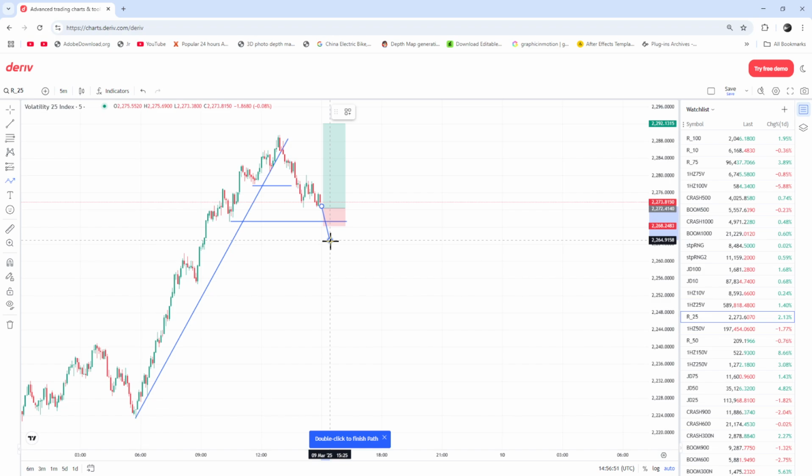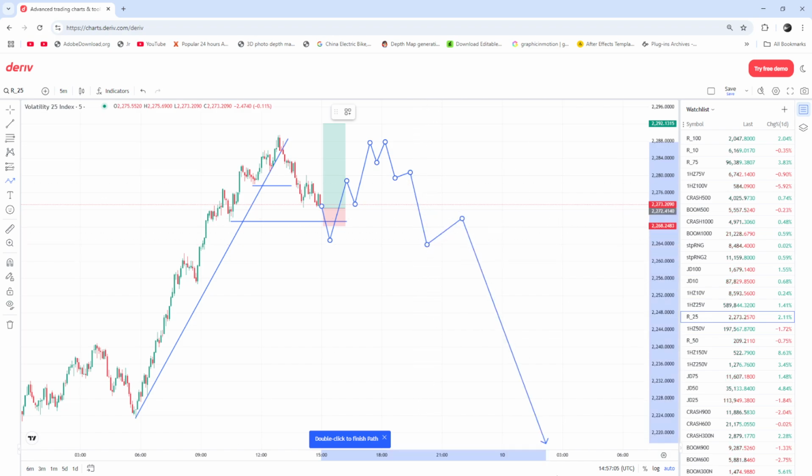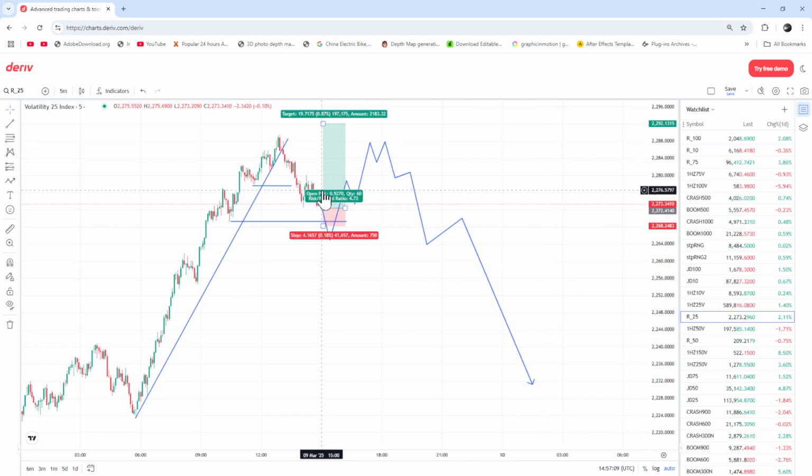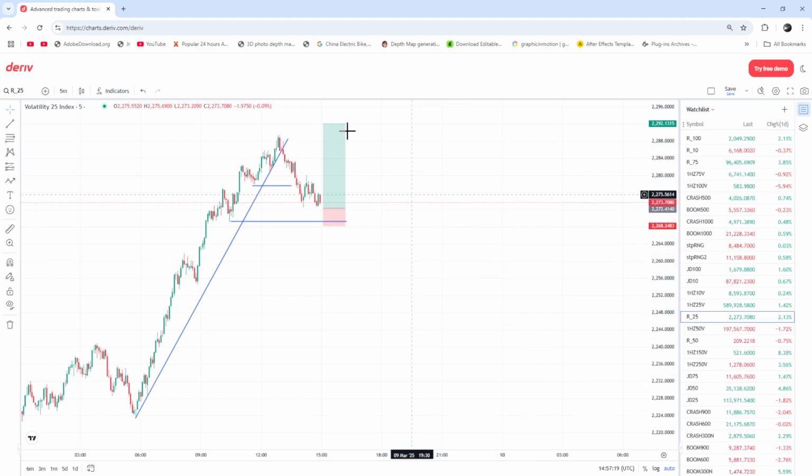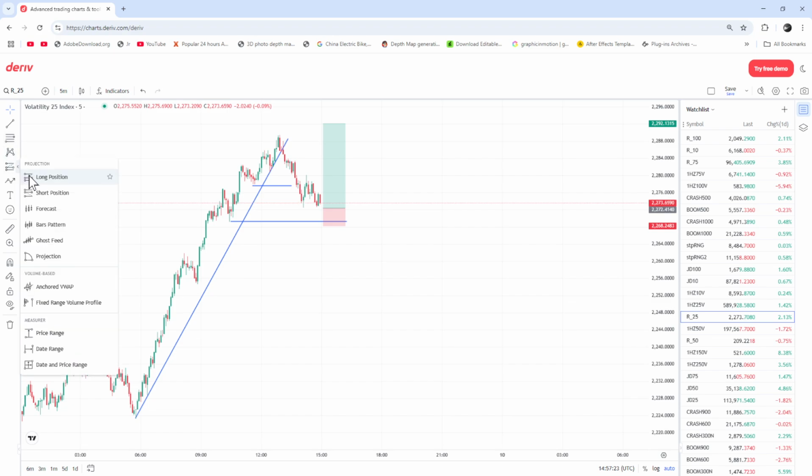what I want to see is the market coming back to this level. Then I want to see it change the character, a pullback here, then a continuation to a downtrend. This is what I want to see. If the market breaks this level, I want to see the market coming back to this level, show me a change of character, then I will proceed with a sell, whereby all my orders will be taken here.